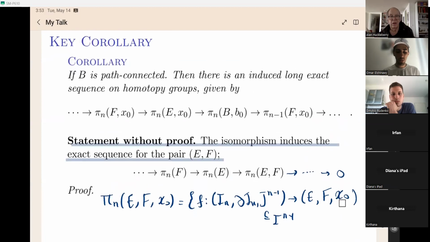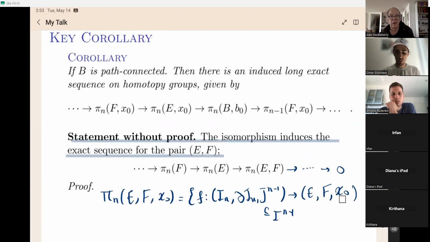Now, if we want to prove this corollary, all we need to do is to use the isomorphism that we have, so we've proved that this is an isomorphism.